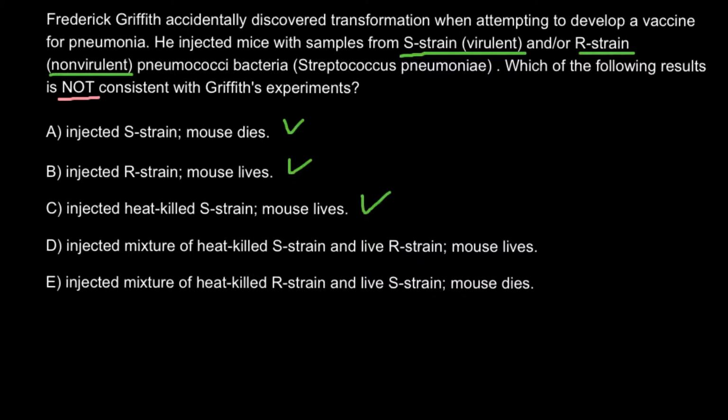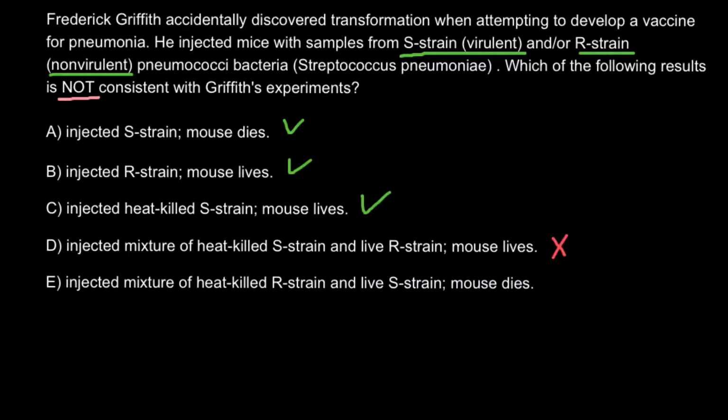And this is not true, because here we have one strain that doesn't cause harm to the mice, R strain, and it is live. And we also have S strain that, when it's heat killed, wouldn't do harm to the mice. Actually, let's see what happens inside the mice.